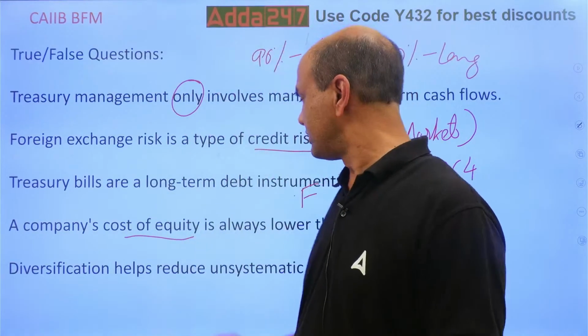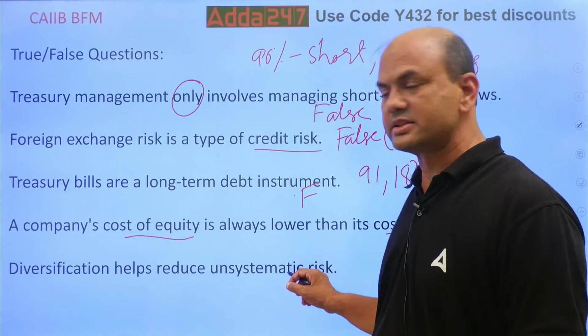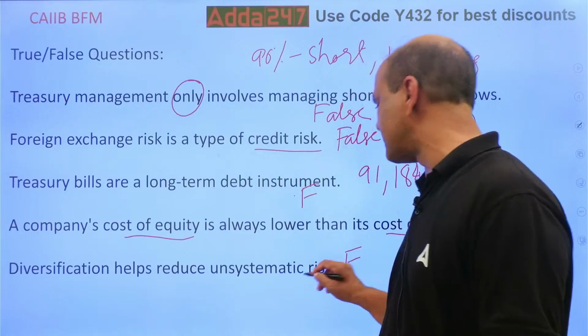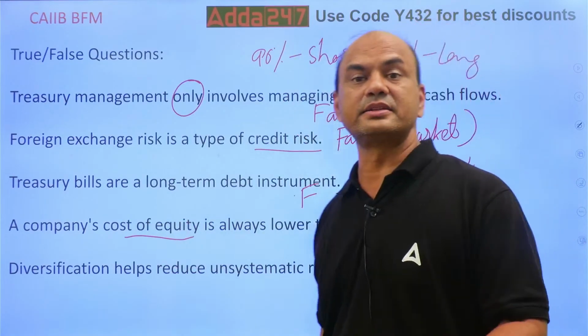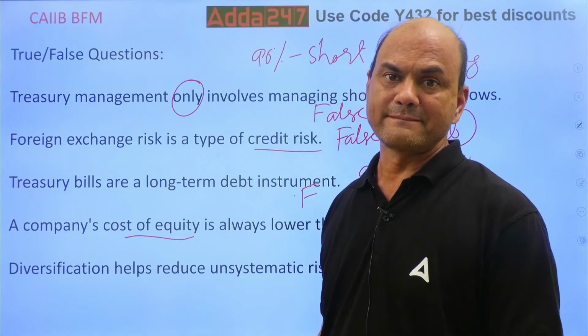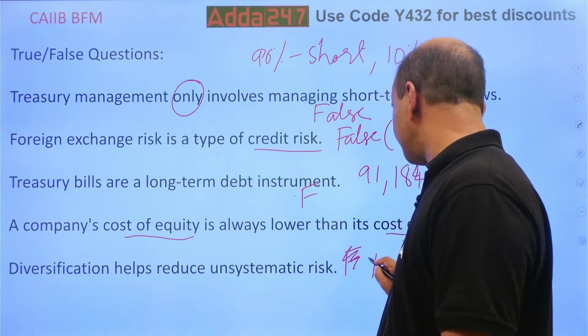So this diversification will help you reduce the unsystematic risk. That is false. It will help you reduce the systematic risk, not the unsystematic. Because unsystematic risk is related to your own company, internal. You can call this true also. Okay, sorry. This is true.